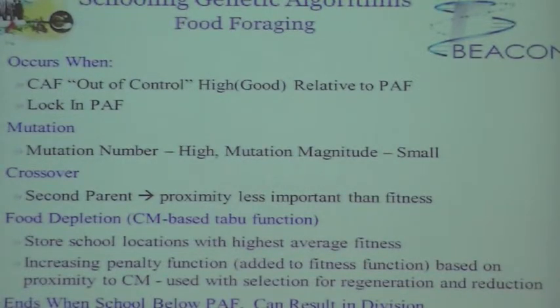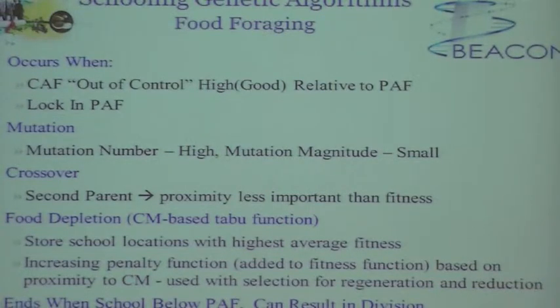So here the center of mass of the school is the unique point that I use to derive all the different behaviors the school is allowed to have. It can be food foraging, predator avoidance, or maintenance.